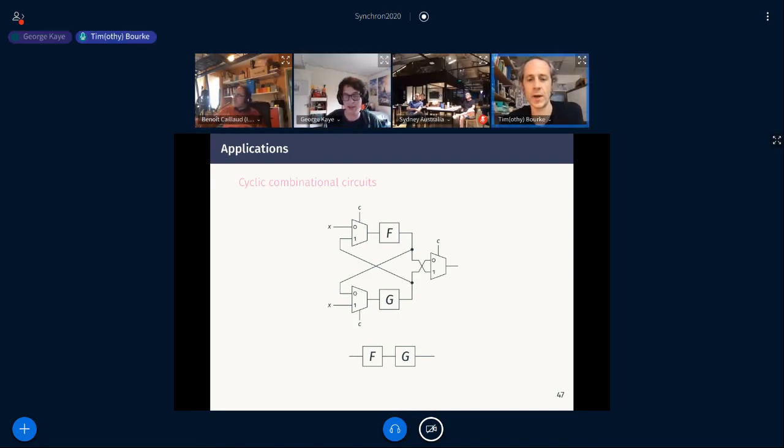Oh, sorry, I didn't ask the question very clearly. Imagine if F and G were both counters, so they add their input to an internal state and put it on the output. If you wrapped this whole thing in some kind of recursion, would you duplicate the internal state of the counters, or would you respect the fact that there's only one register inside F and one register inside G?